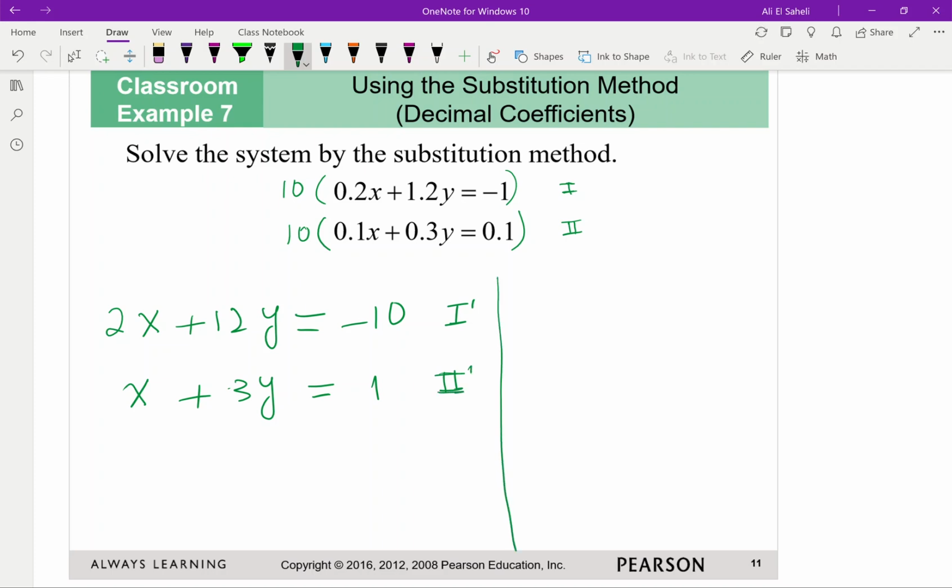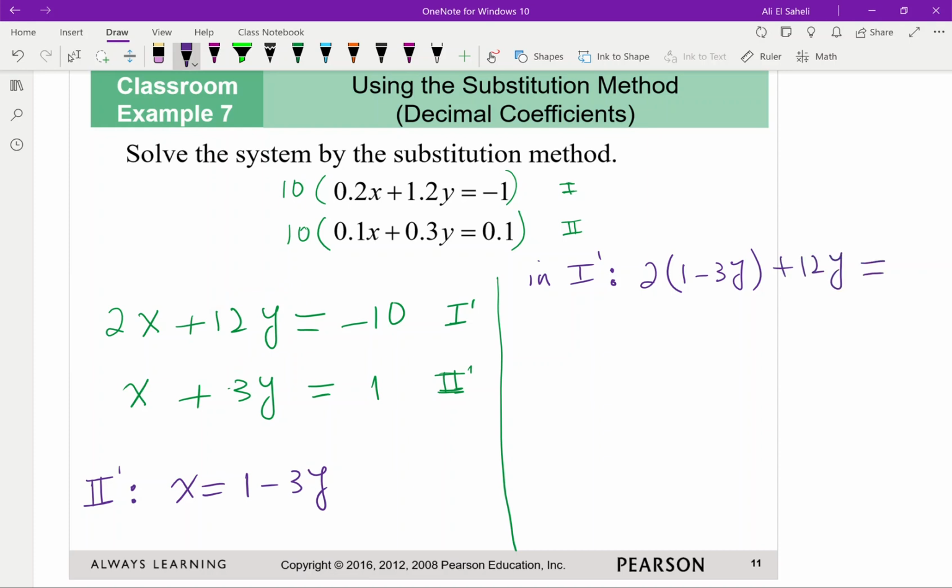Now we solve as before. Equation 2 prime gives x in terms of y. So x is 1 minus 3y. Use that in equation 1 prime. 2 times x, x is 1 minus 3y, plus 12y equals minus 10.